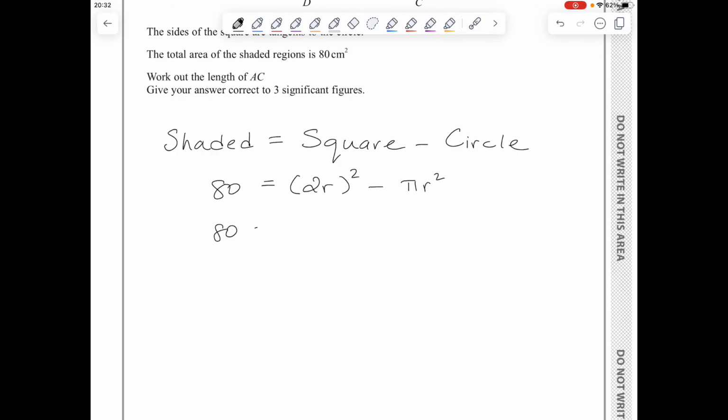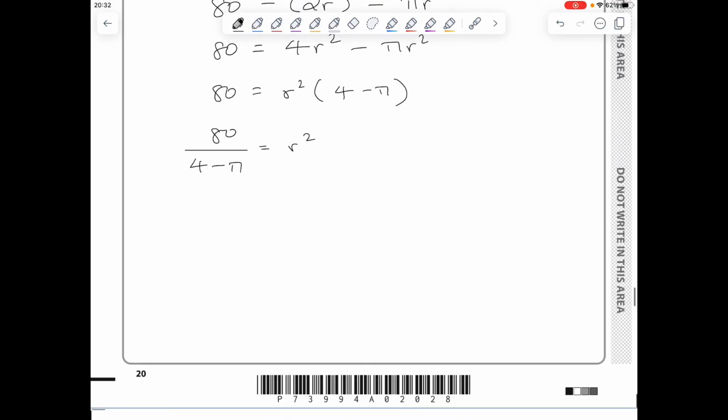So 80 is equal to 4r squared minus pi r squared. Now I'm going to take r squared as a common factor. So r squared times 4 minus pi. 80 over 4 minus pi is equal to r squared. So to find r, I'll just take the square root of this fraction.